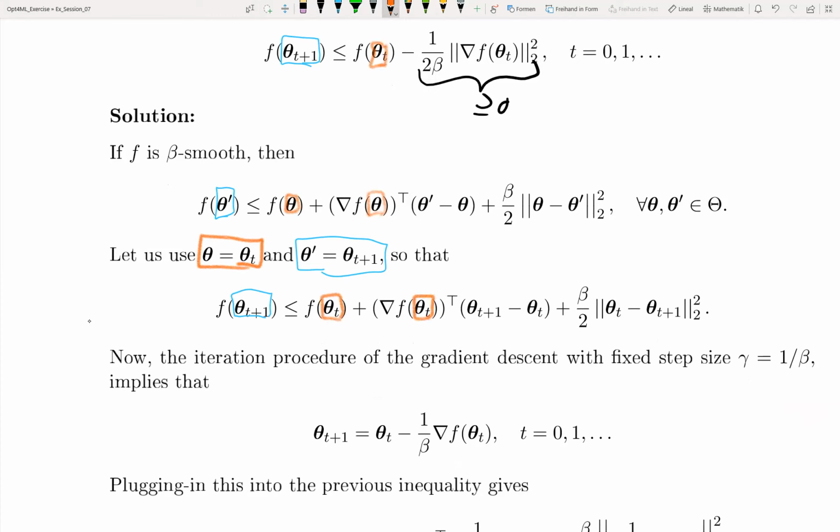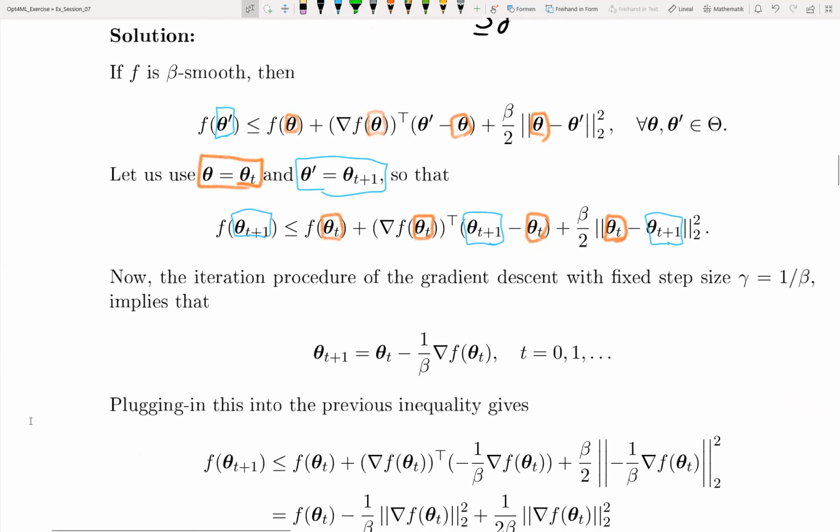So it's a rather good idea to do this. And of course, let theta prime be theta t plus 1.